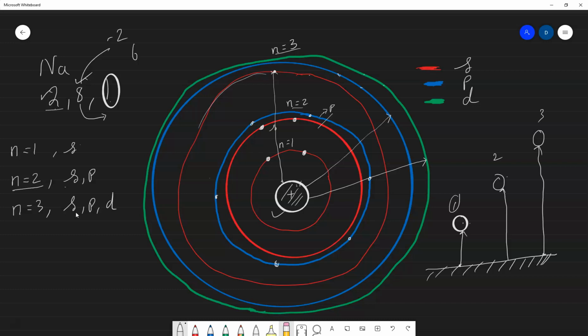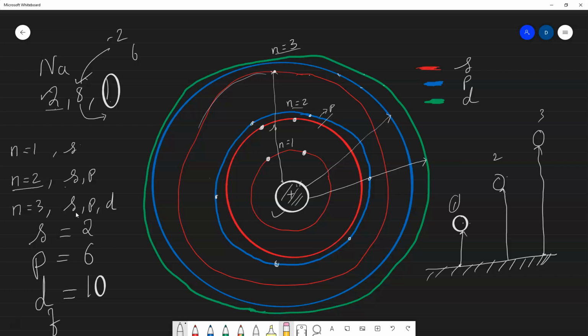Also, there is one more thing we already know about the P subshell now. A P subshell can have a maximum of 6 electrons. We also know about the S subshell: it can have a maximum of 2 electrons. Likewise, a D subshell can have a maximum of 10 electrons. You have to keep this in mind. You have to remember that.